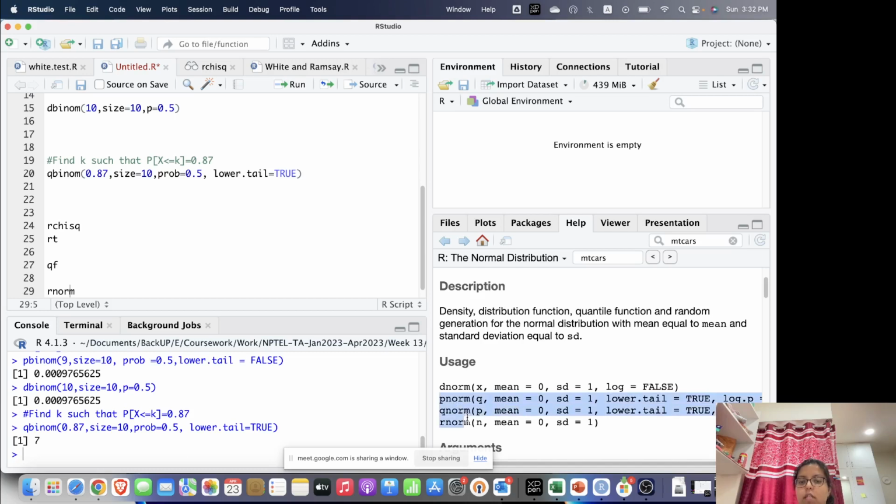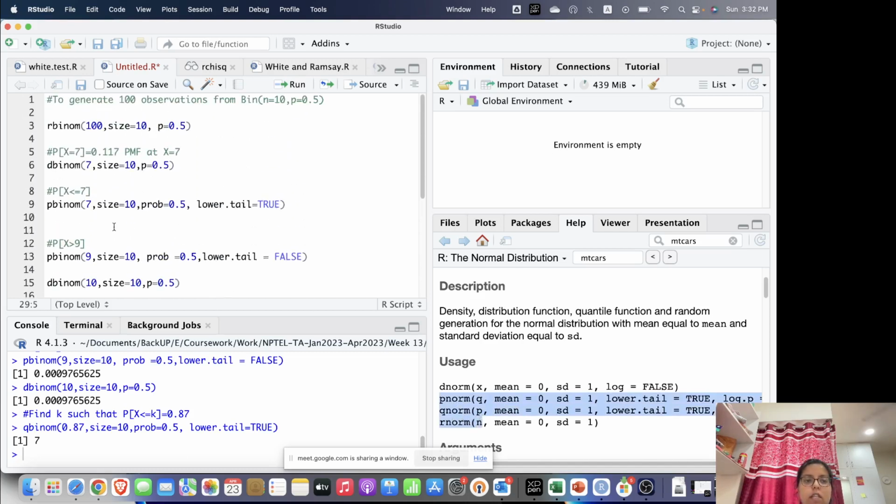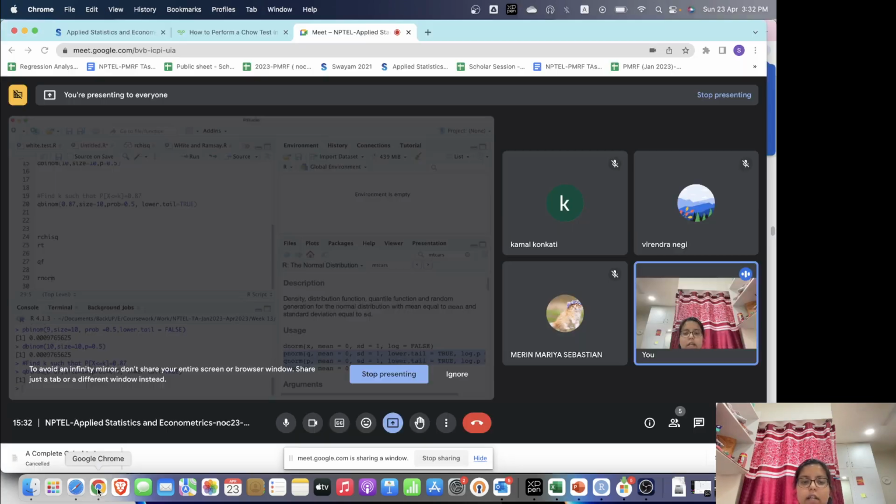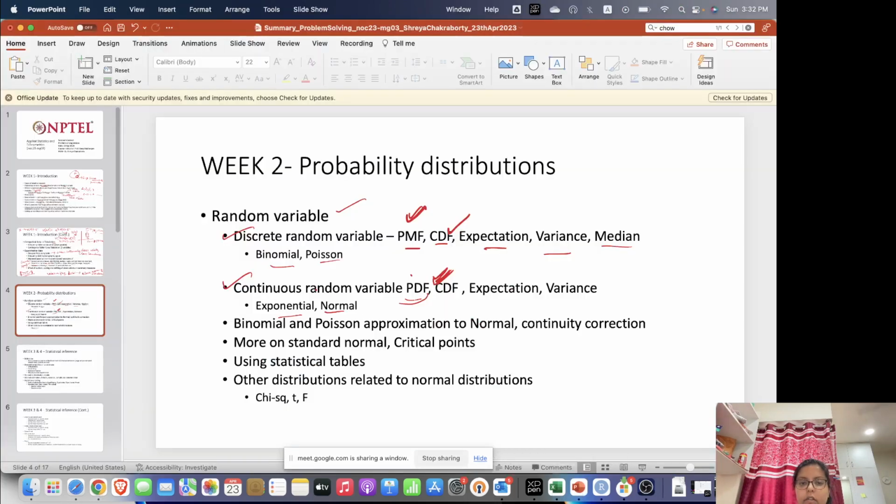Mostly we would use these three, p, q and r. And in case of discrete distributions, we are going to use the d functions as well. So however these are getting calculated, these are my random variables and distributions.